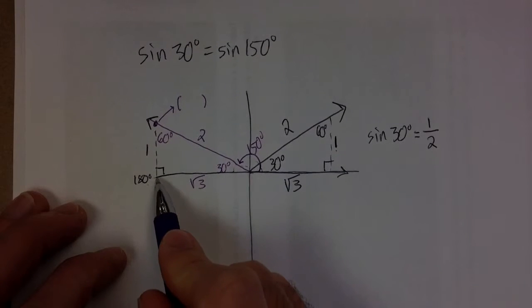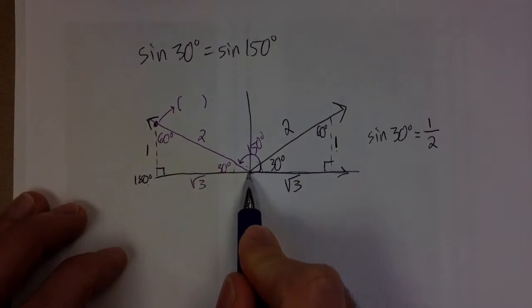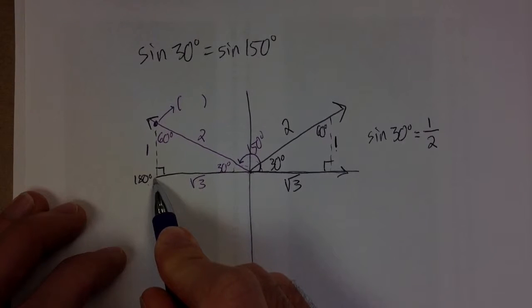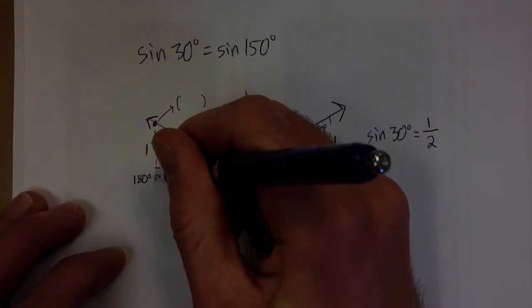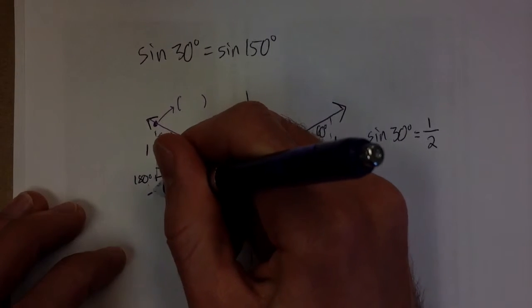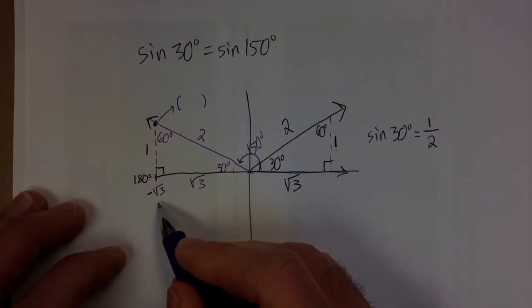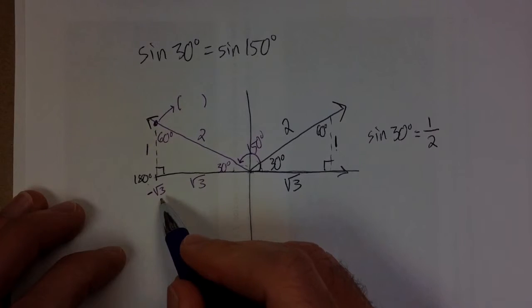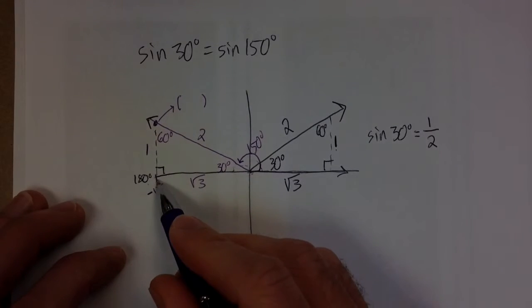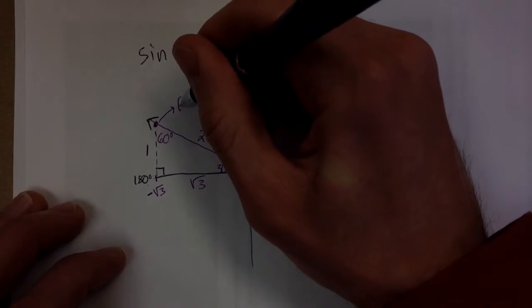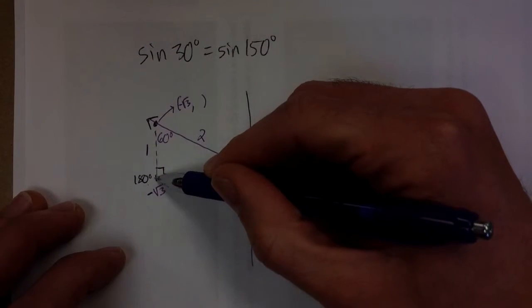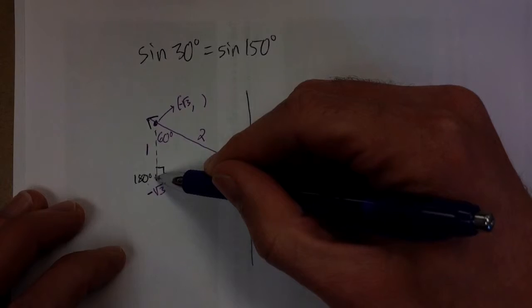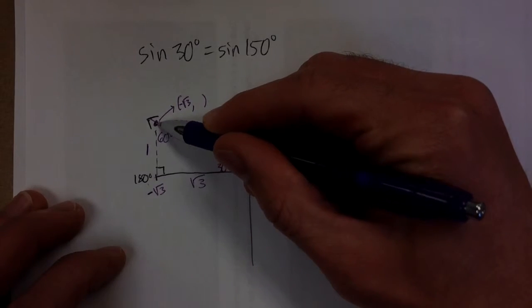So the x comes from how far it is from the origin to this point here. That's directly below this point of interest. So this is going to have an x coordinate of negative root 3. Does that make sense? Because it's root 3 units from the origin to that point. So the x coordinate is negative root 3. The y coordinate, thank you, is going to come from the height of the right triangle, which is 1.